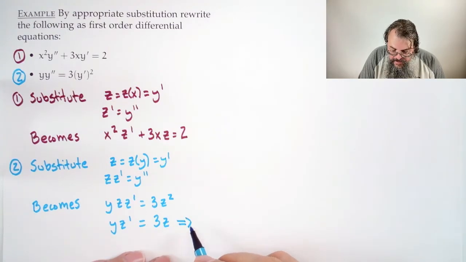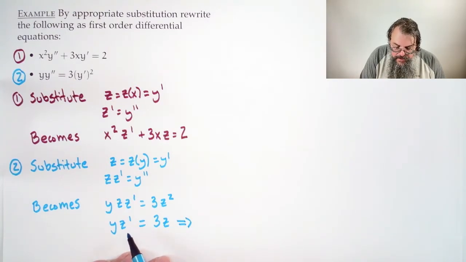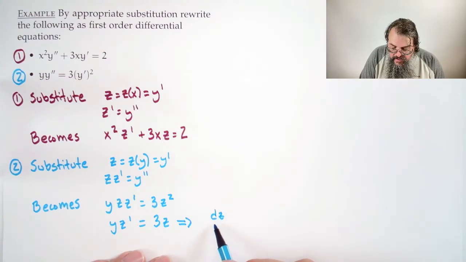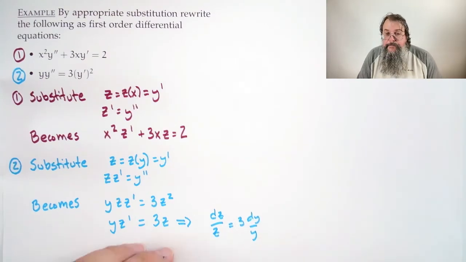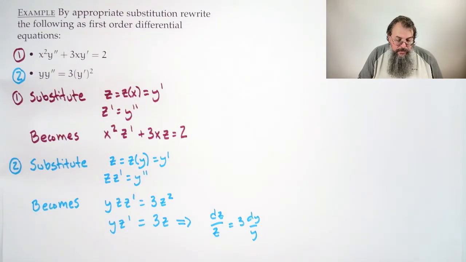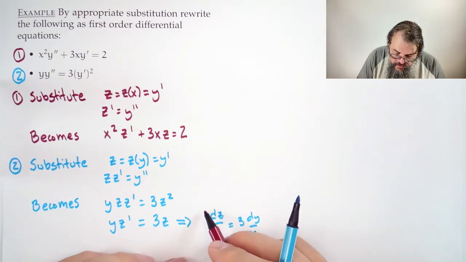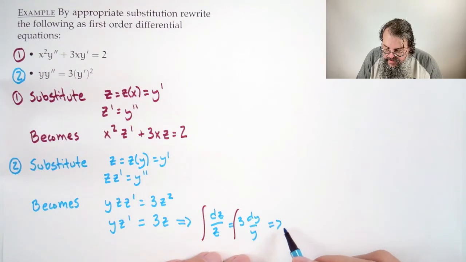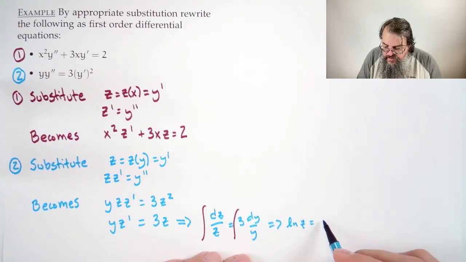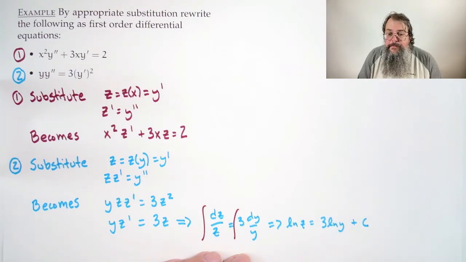Well, we can separate. So this is saying that dz over z is equal to 3 dy over y. Move stuff around. We integrate both sides. And we get that natural log of z is equal to 3 natural log of y plus some constant c.